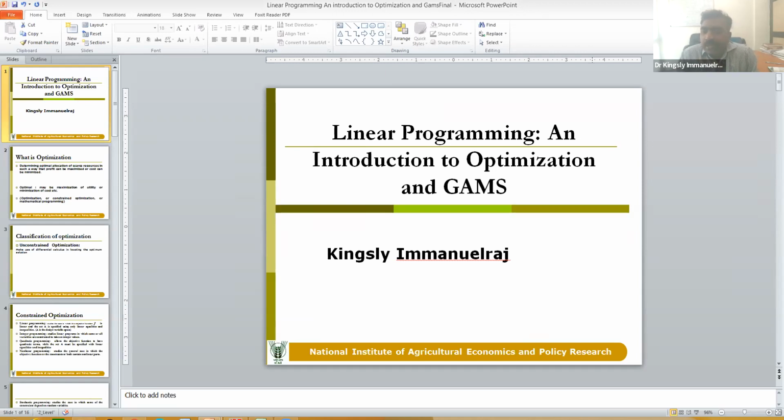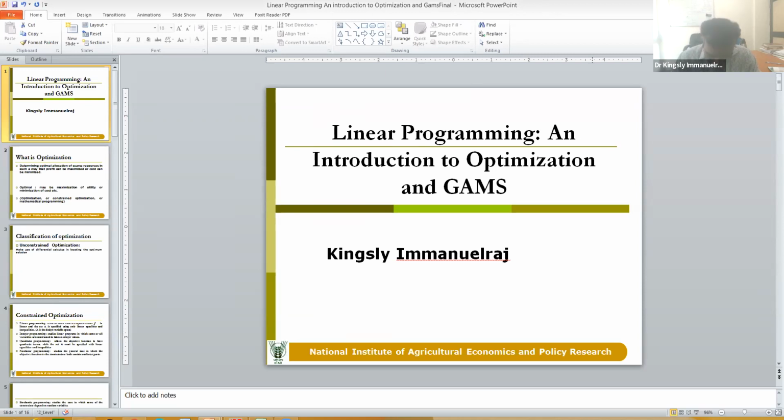But if you browse linear programming on Google, you will see very few papers, very little material. It may raise a question of why we have to study linear programming when very few researchers are using linear programming.